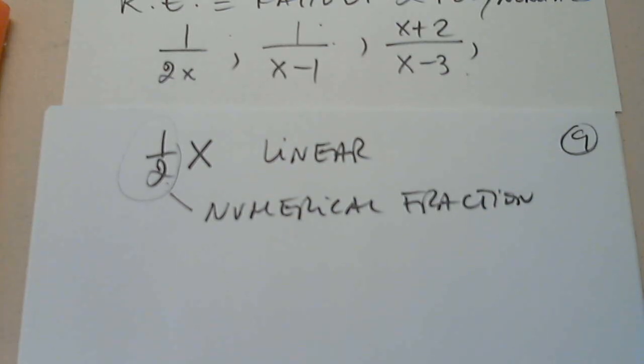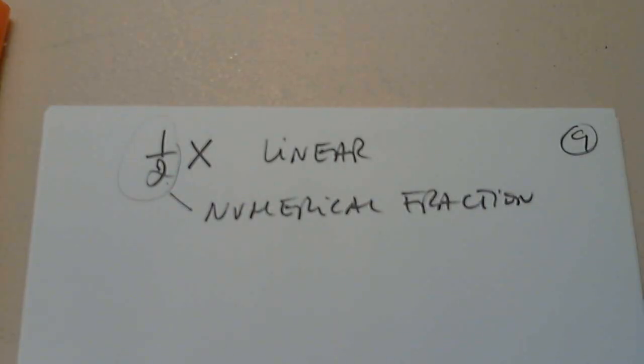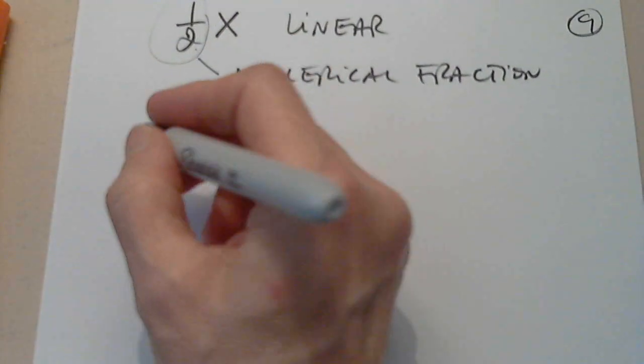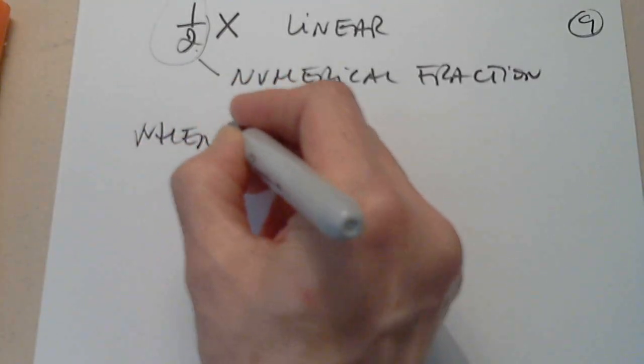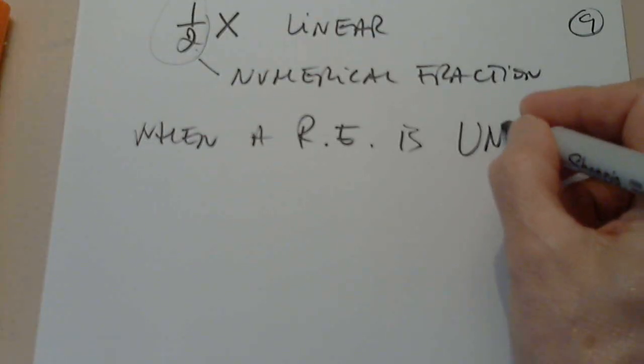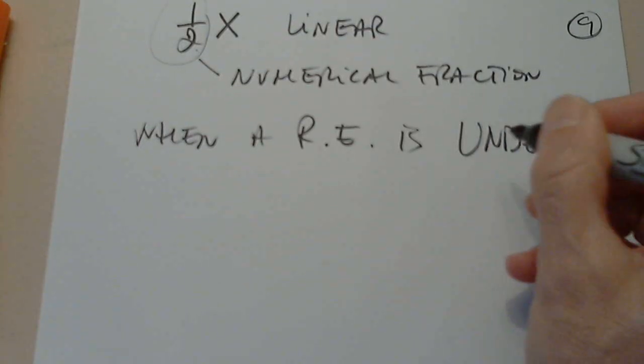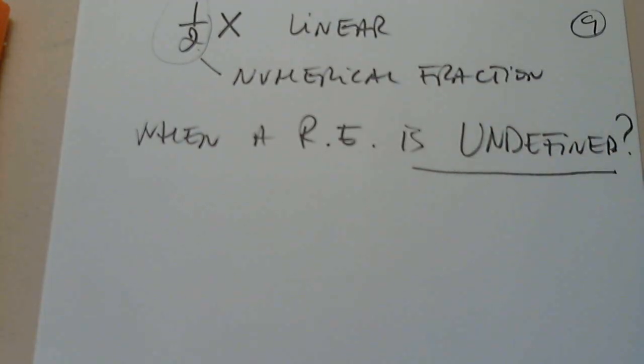Okay. The next step, before we get to simplifying, is to talk about when a rational expression is undefined. When is it undefined?